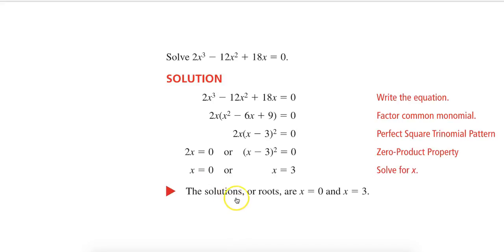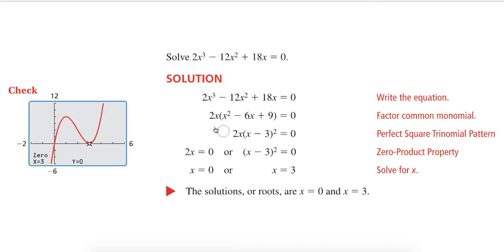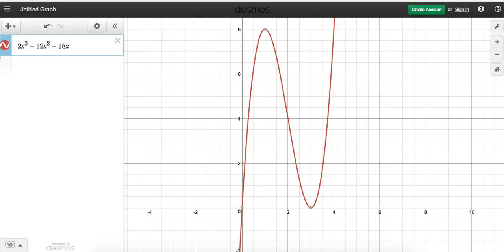So I want to go ahead real quick and show you what this graph looks like. A little graphing image comes up right here, but I want to show you on Desmos so we can get a closer look at this. If you look at these intercepts, you'll see that x equals 0, which was our first solution, shows up, and of course our graph crosses the x-axis at x equals 0.